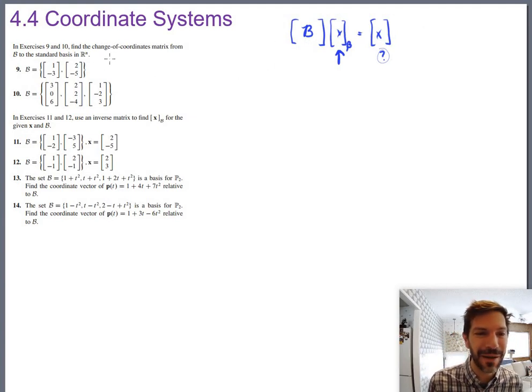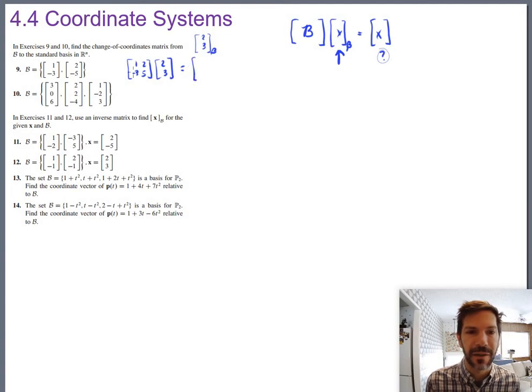So in other words, on number 9, if they had said, which they didn't, do 2, 3 in basis B, you would have done that times 2, 3, and that would have produced 2 of the first vector plus 3 of the second vector, which is the same thing as going 8, minus 6, and 15 is 9.